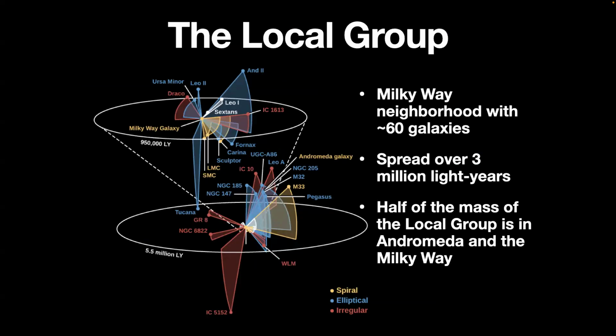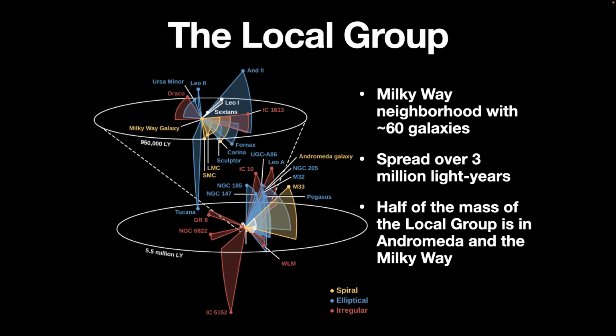Okay, so let's talk a little bit more about the universe as a whole and how the galaxies in it evolve by talking about our neighborhood here. We'll start close to home. The Milky Way is part of a small group of galaxies that we call the local group. There are about 60 members, mostly faint dwarf galaxies spread over 3 million light years.